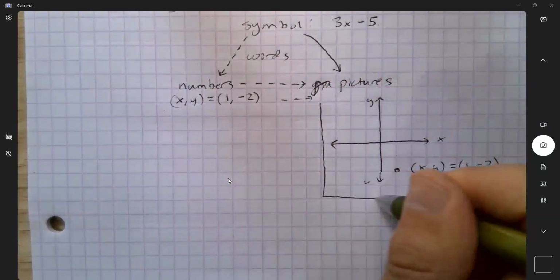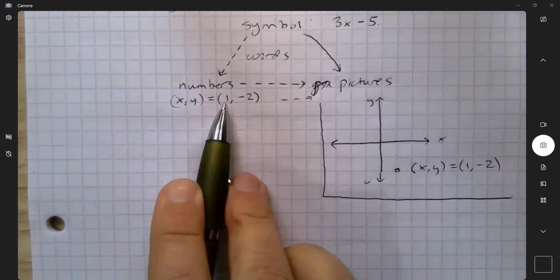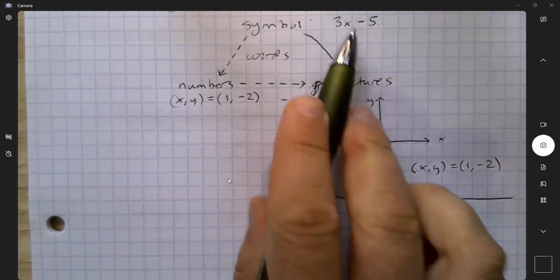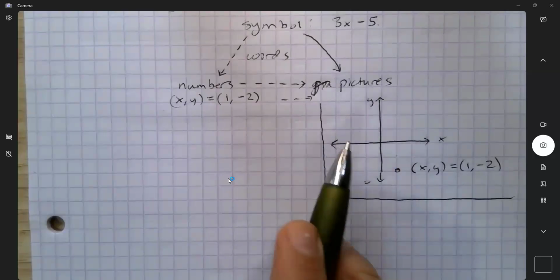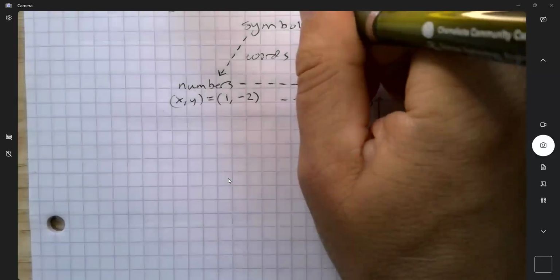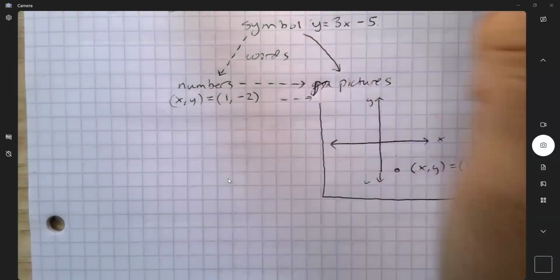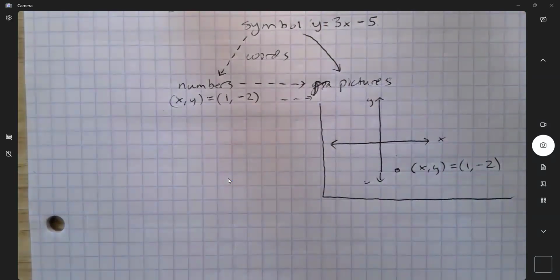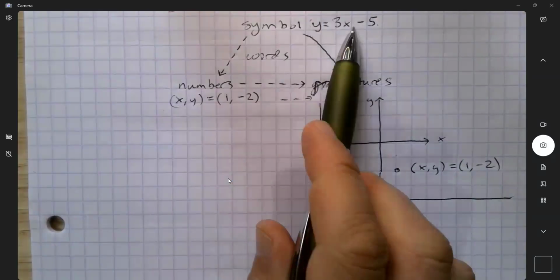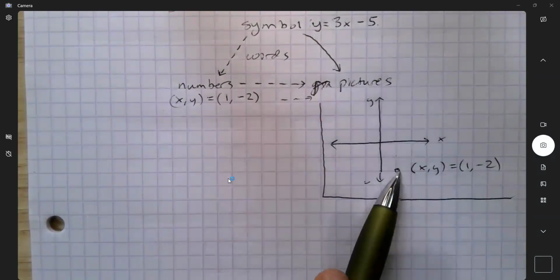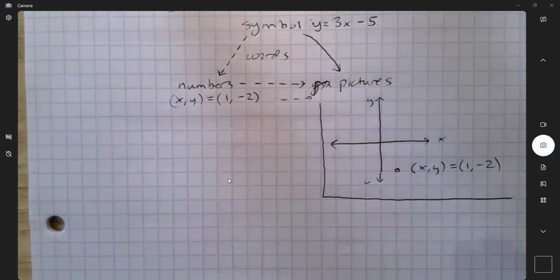So I'll show you how to do that. Actually, I did just show you. I picked a number 1, -2. That happens to be true in this equation. Sorry, I didn't do the equation part. There we go. y equals 3x minus 5. This ordered pair is a solution to this equation, and so I plotted it on the graph.